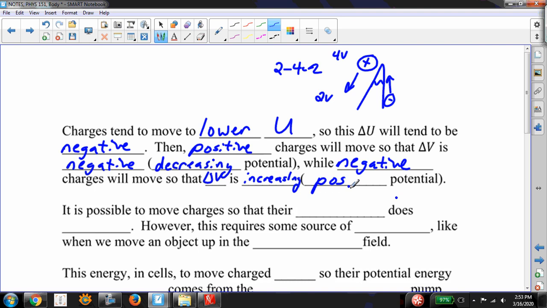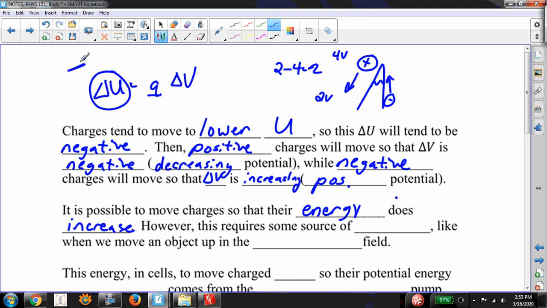It's possible to move charges so that their energy does increase. See, in both of these, our energy, delta U, is going to be equal to Q delta V. In both of these, delta U will be negative. Right?